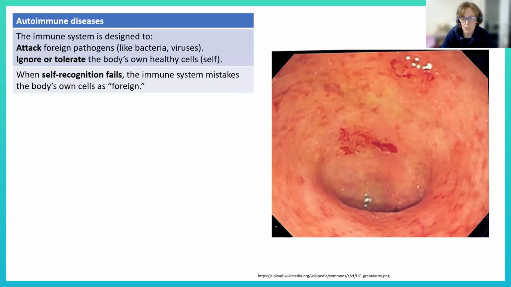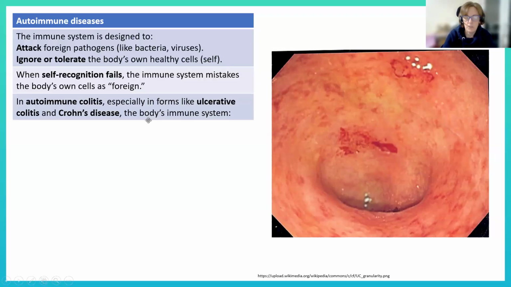But if the self-recognition fails and there has to be some sort of trigger as well, like a big cytokine storm, it's called, when the cytokines get out of control, it can trigger an autoimmune condition, like autoimmune colitis or ulcerative colitis and Crohn's.